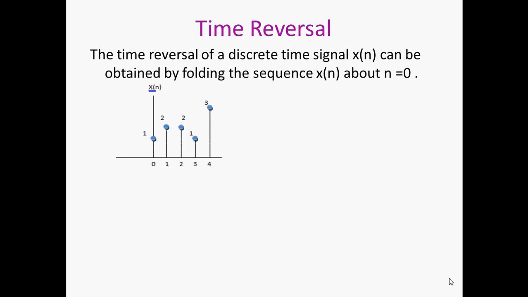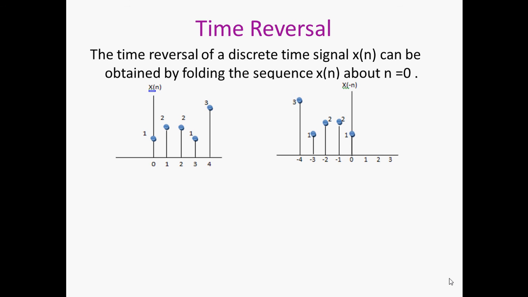That is, if x of n is 1, 2, 2, 1, 3 with a time period of 0 to 4 units of time, then its corresponding time reversal will be, with the origin, the signal folded. So after folding the signal, the time range has been changed from 0 to 4 to minus 4 to 0. So this is time reversal of x of n, which is nothing but x of minus n.